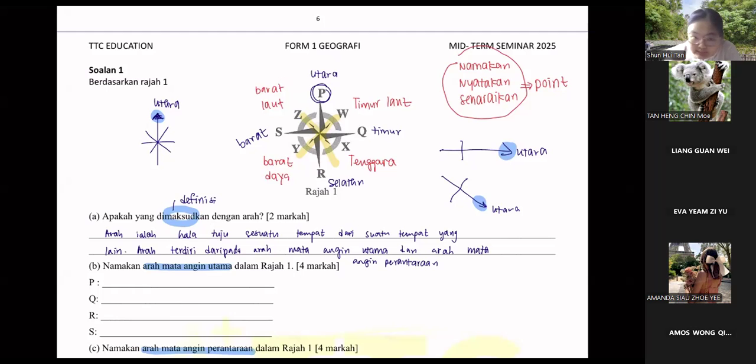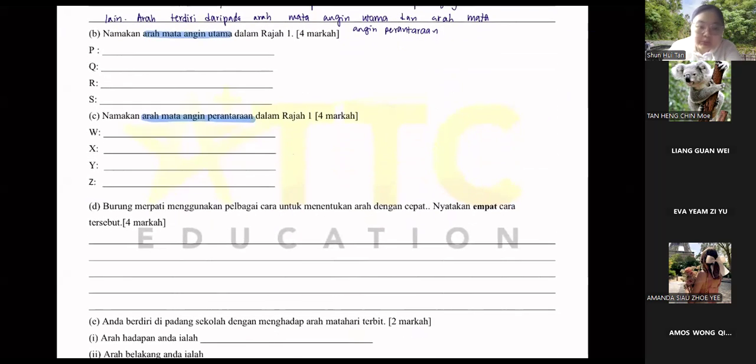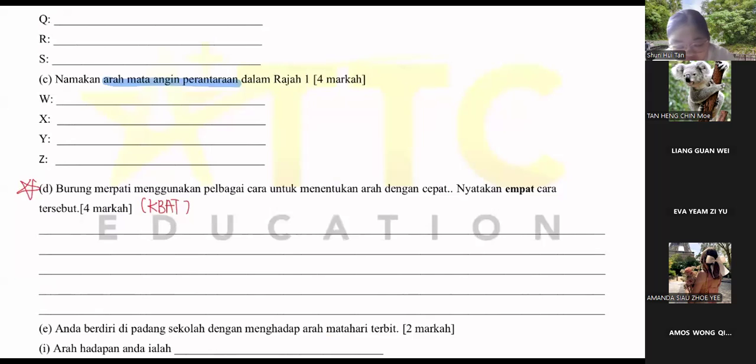Now next, C. This one, be careful. You can just put a star. This is also related to chapter 1, but it's not in your syllabus. It's a KBAT, a high order thinking question. You have to think it through on your own. Here they tell you about burung merpati, pigeon.